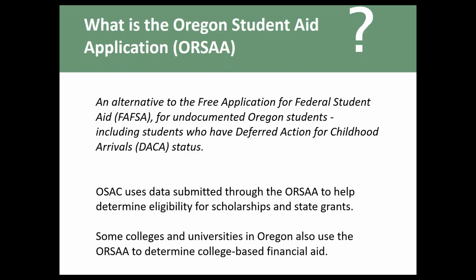And some colleges and universities in Oregon also use the ORSAA data to determine whether a student is eligible. And we want to clarify and just declare that our office and the state of Oregon continue to have an ongoing commitment to providing financial aid, and we will continue to support and serve DACA students even if and when the DACA program expires. The ORSAA will still be available to undocumented students in Oregon.